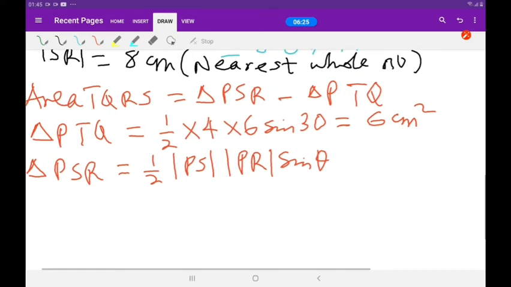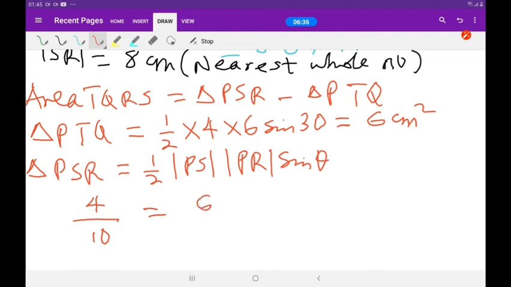So what do we do in that case? To calculate PR now, that will be 4 over 10 equals 6 over 6 plus QR. So we need to calculate QR first so that we can calculate our PR.